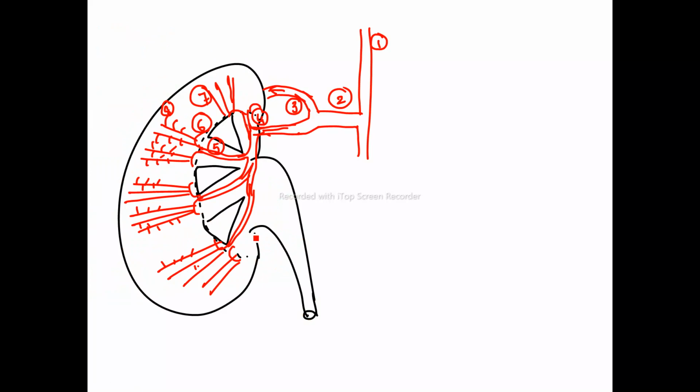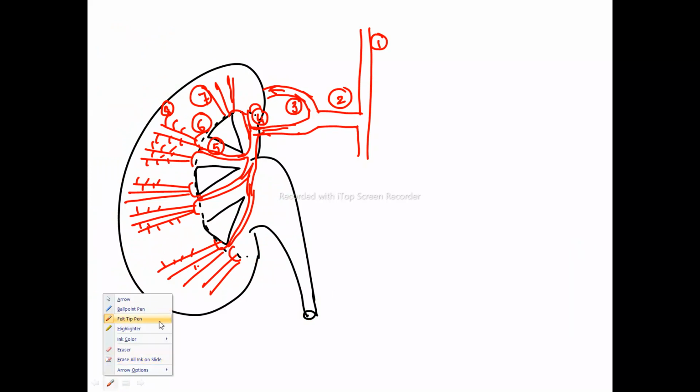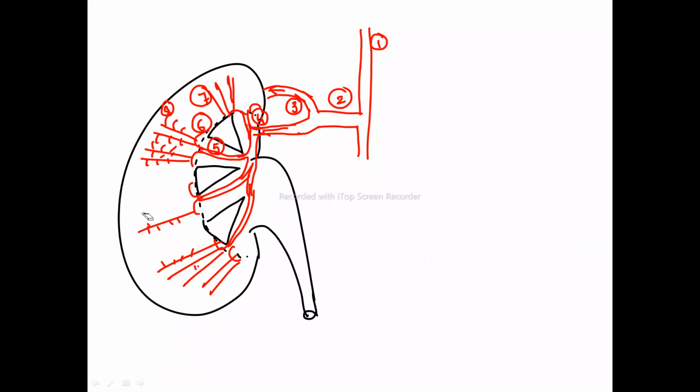Now I'll erase few things for better understanding, because we can make a few other structures over here. Oh, I have erased the kidney only.